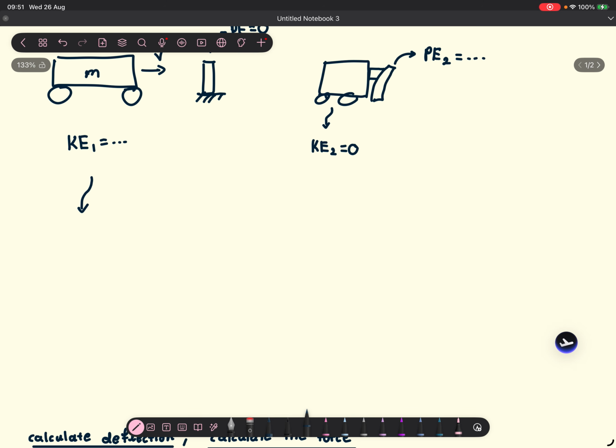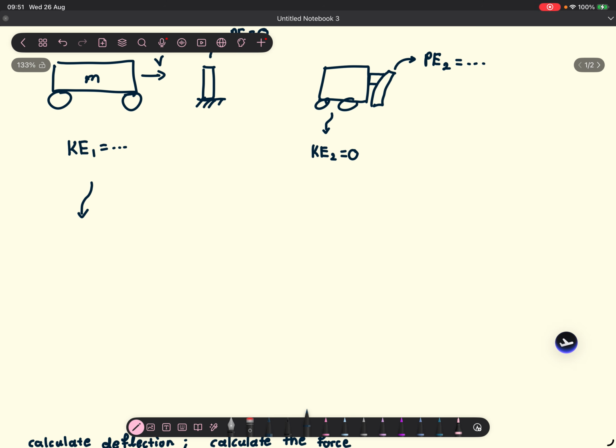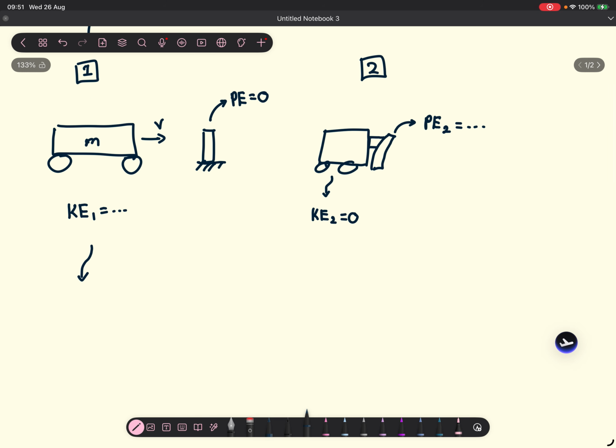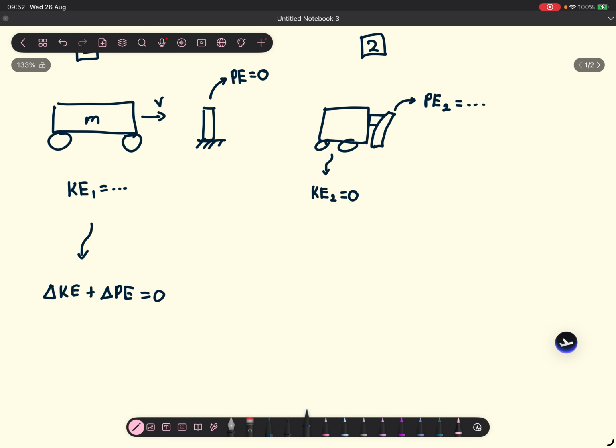And we can basically do an energy balance. So we'll look at the change in kinetic energy plus the change in potential energy, and we know all of that must equal 0.